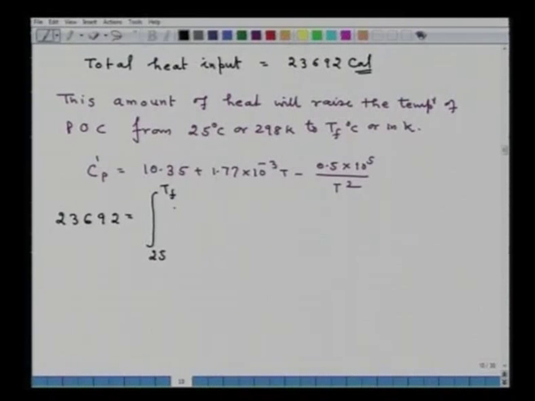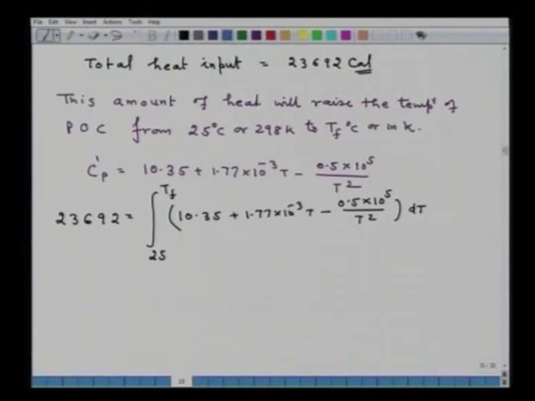Naturally, I will get here TF in degree Celsius, of 10.35 plus 1.77 into 10 to the power minus 3 T minus 0.5 into 10 to the power 5 upon T square into dt. Well, I have to integrate it and solve.